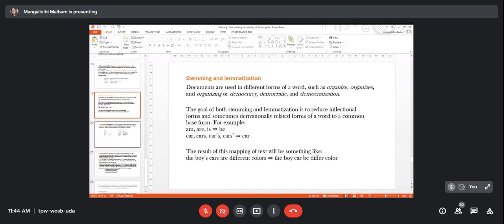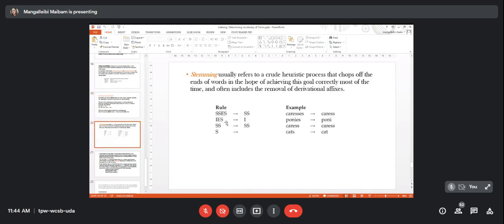Now, stemming refers to a crude heuristic process that chops off the ends of words in the hope of achieving this goal correctly most of the time, and often includes the removal of derivational affixes. Affixes means either a prefix or a suffix.